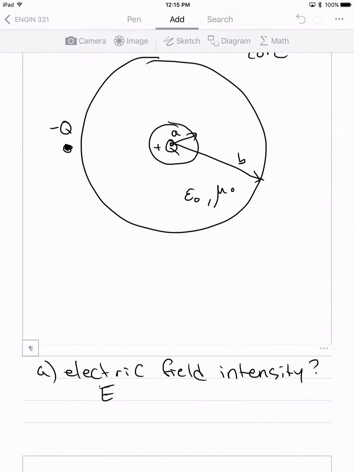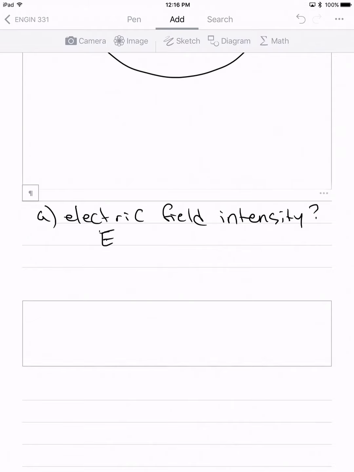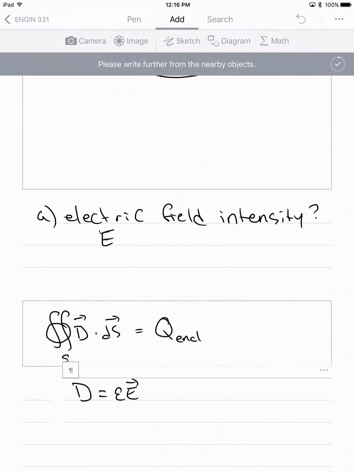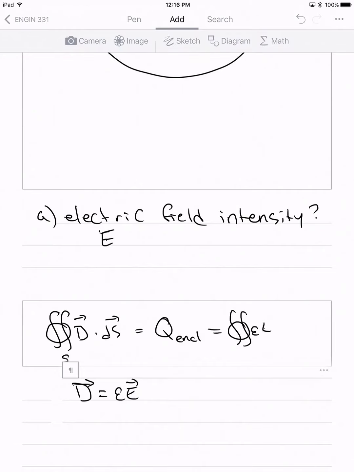In order to do that, we apply Gauss's law. If you remember, Gauss's law is that the closed surface integral of the electric flux density dot ds is equal to Q enclosed. Now, since D is epsilon E, we can also write it as epsilon E dot ds.